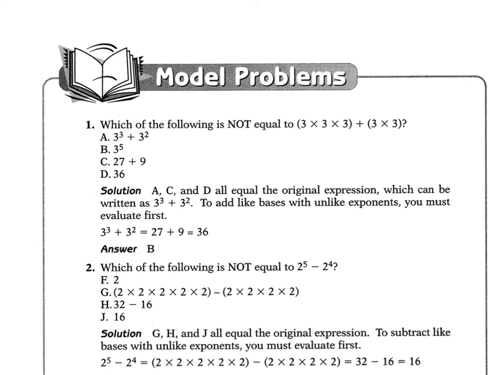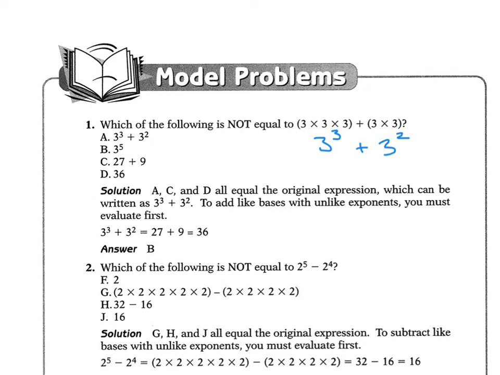Okay, so here we have more problems that are done for us. So which of the following is not equal to 3 times 3 times 3 plus 3 times 3? So here we would rewrite this as 3 cubed plus 3 squared, since we have 3 3s here and 2 3s here.